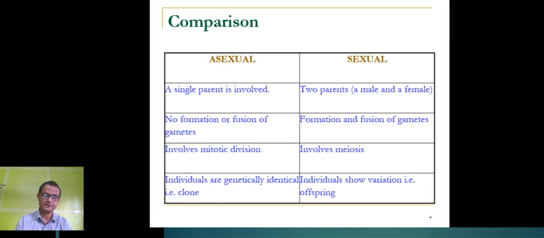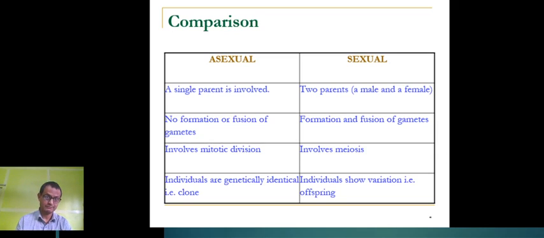In asexual reproduction, only one parent, either the male or the female, is personally involved in the process of reproduction. But in sexual reproduction, two parents, the male and the female, take part in the reproduction process.